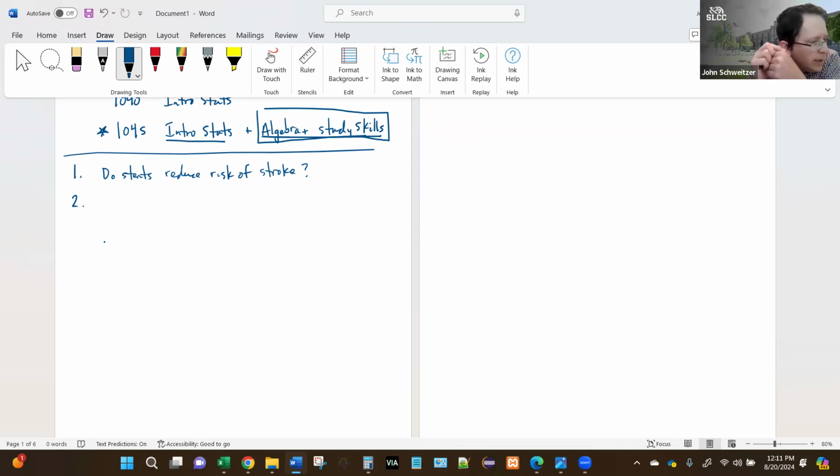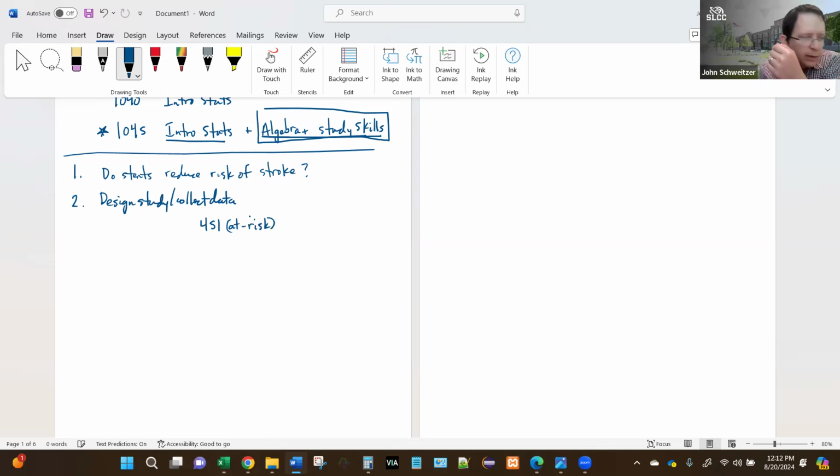The next step is to design the study and collect the data. So how did they do that? Well, if you read the article, there were 451 volunteers, and these were all people who were at risk of having a stroke.